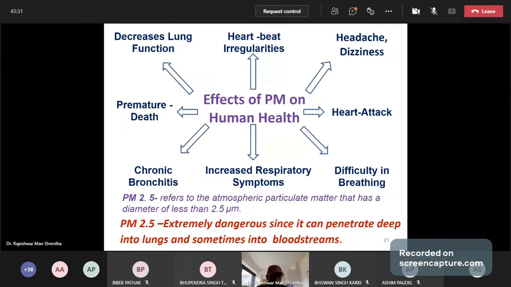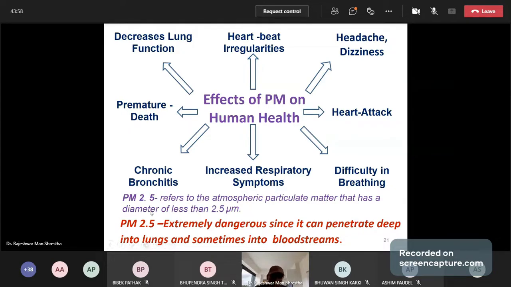If there are problems in the lungs, people will not be able to take in fresh air and oxygen, and they will die prematurely in old age, from heart attack, chronic bronchitis, serious asthma, and an increased respiratory rate, meaning fast respiration and difficulty in breathing.